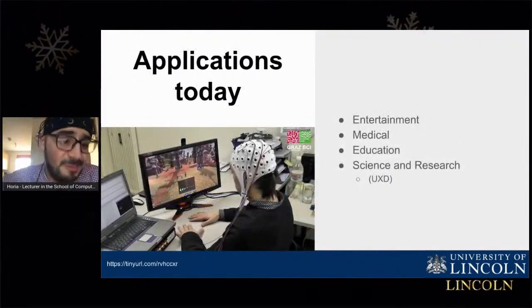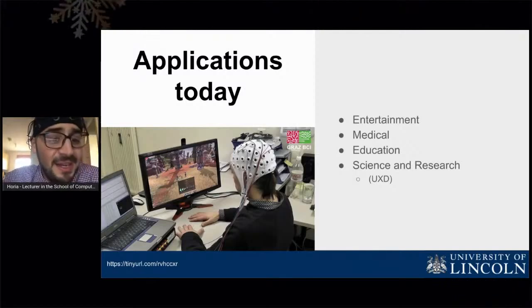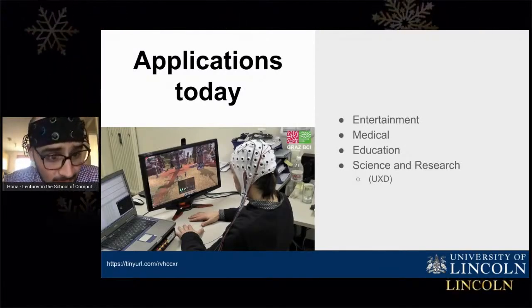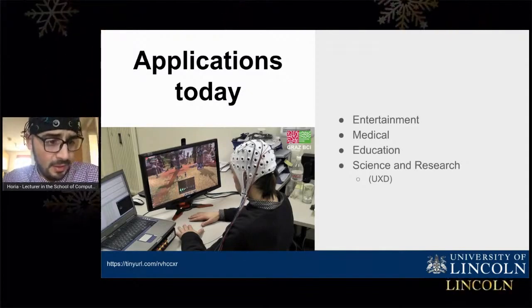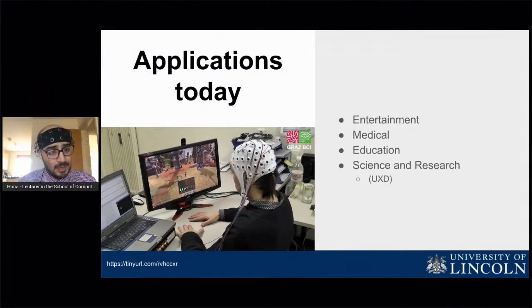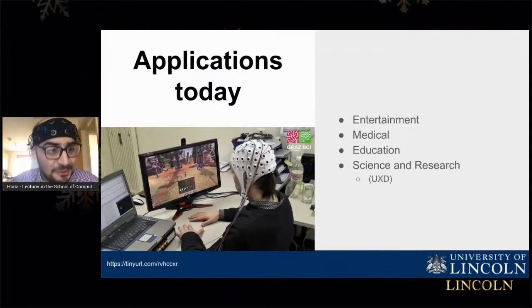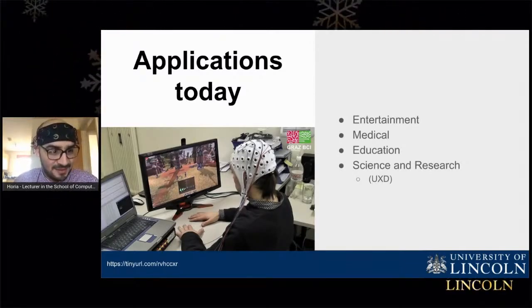How we use brain-computer interfaces today, once again: you can see that this person in front of us is not paralyzed either, and does not have missing limbs. What he's doing there is controlling a game with his mind, right?